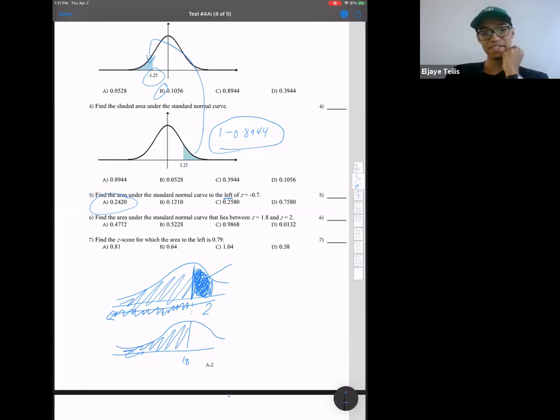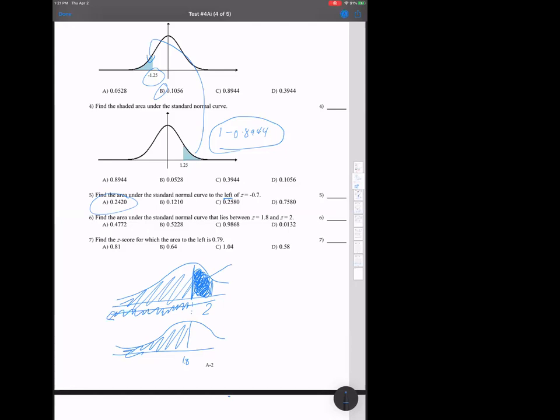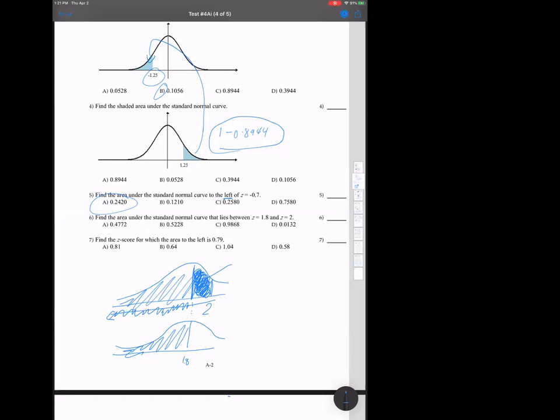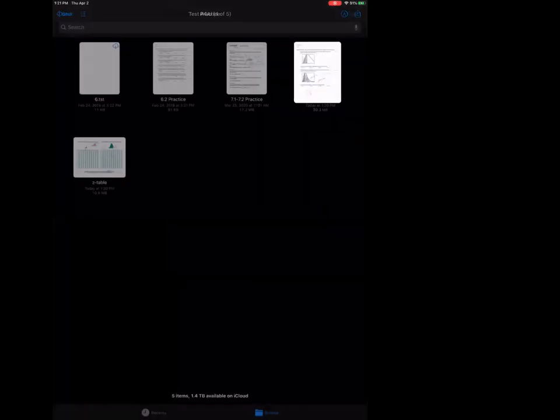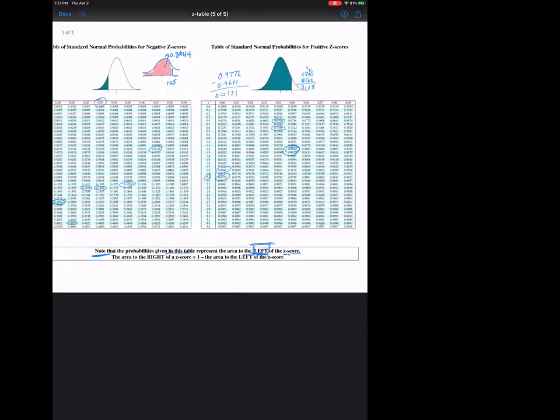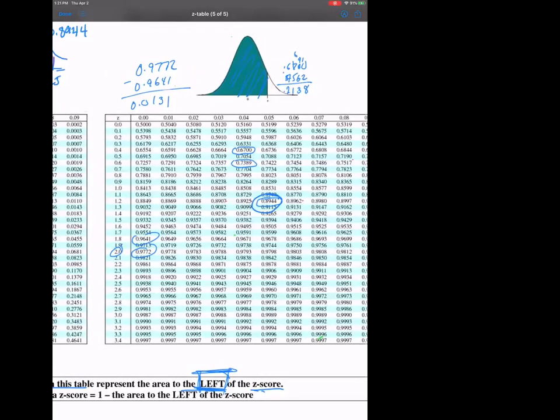Okay. Yeah, so you just look up the answer and that's it, and then you subtract the 2. Yep. So you look up 2, look up 1.8, subtract them, whatever that is the answer. Okay. So you see 2 right here. Actually, have them circled one above each other. This one and this one. Right? You just subtract those two answers, and that's the answer.